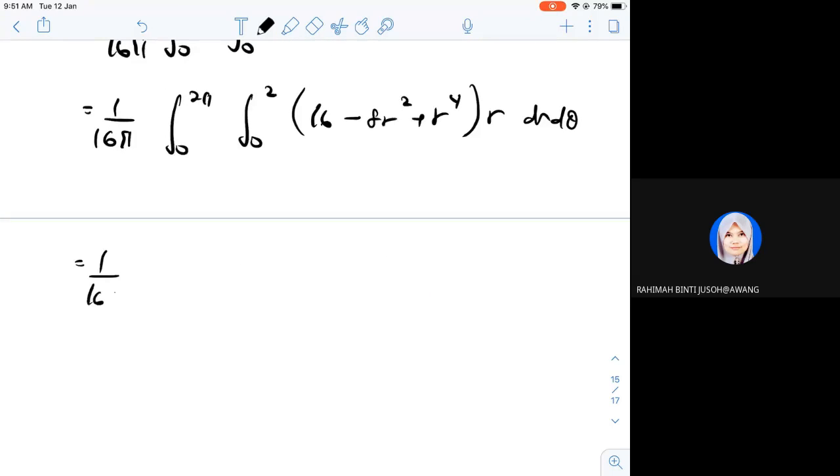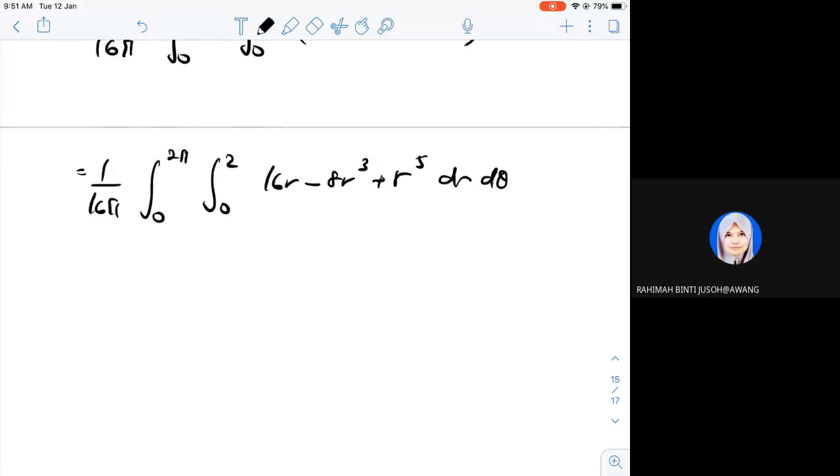So we will have 1 over 16 pi and then 0 until 2 pi. So darab lah, masuk dulu. 16r minus 8r cubed plus r to the power of 5 dr d theta.